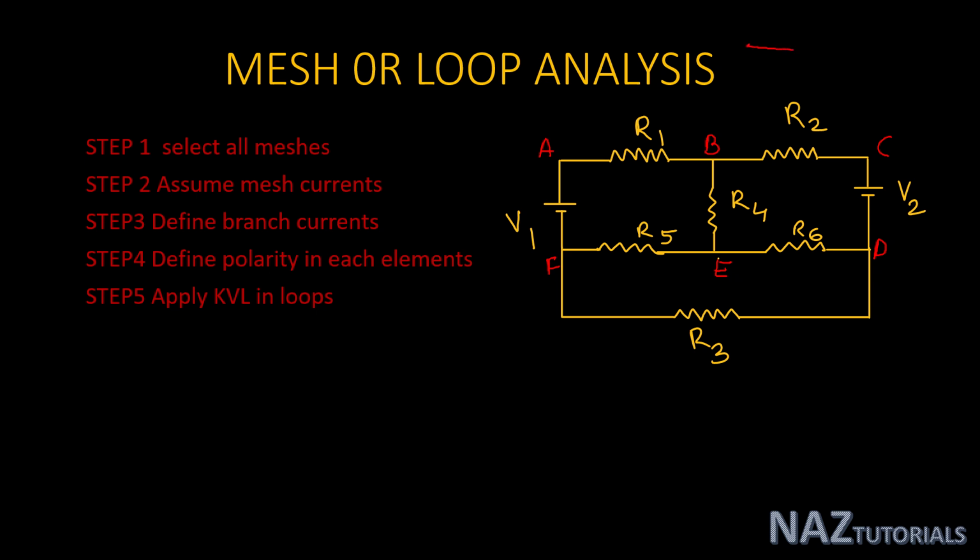For the sources, if we select a path from point 1 to point 2, which is connected by a battery having a source voltage E, and we go from 1 to 2, this battery polarity is plus at one end and negative at the other, then the voltage V from 1 to 2, as there is a fall in voltage, will be minus E. And if you select the path from 2 to 1, this voltage is equal to plus E. That means from 2 to 1 there is a rise in voltage, and from 1 to 2 there is a fall in voltage.